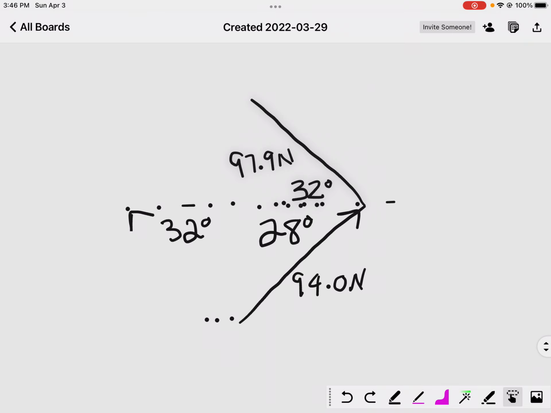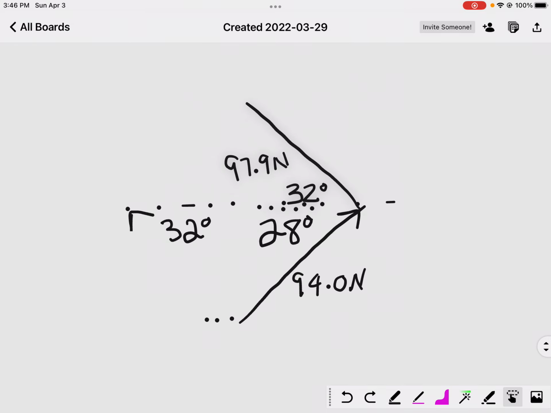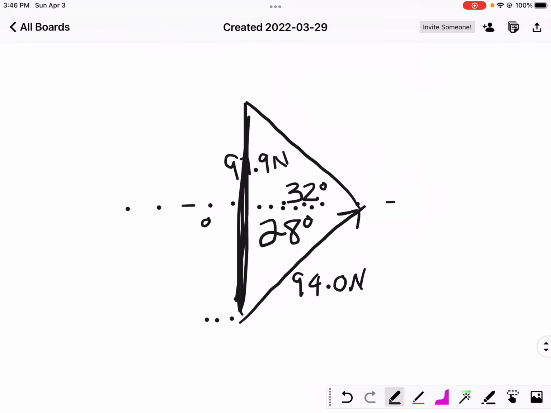Okay, now I'm going to erase that, don't need it. So basically the resultant here, because the piñata is pulling down, the resultant of these two vectors has to be going up.